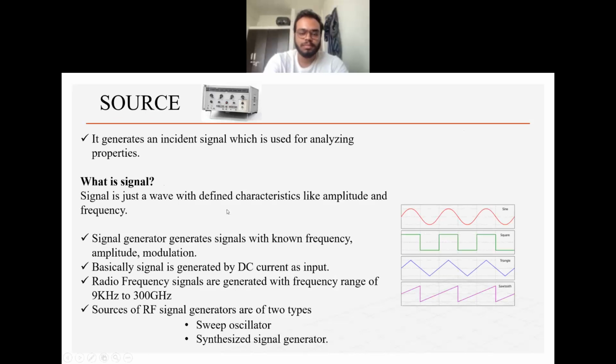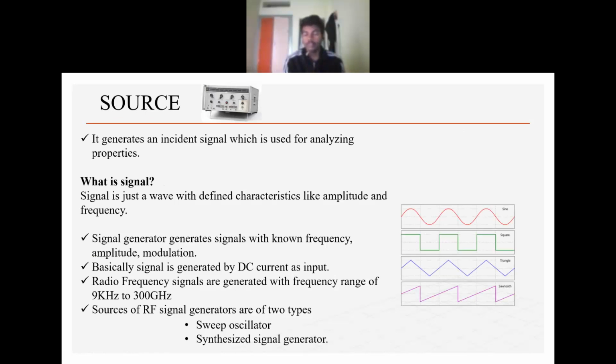Now, coming to the source, similar to chemical equipment where we use a fluorescent lamp or a lithium ion lamp, for example, take an FTIR, where we heat a hot wire so that we get an infrared wave.